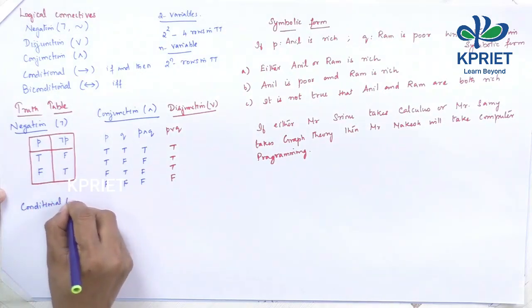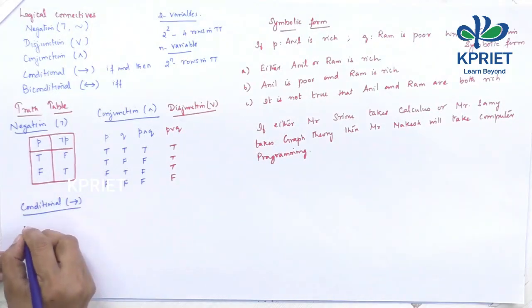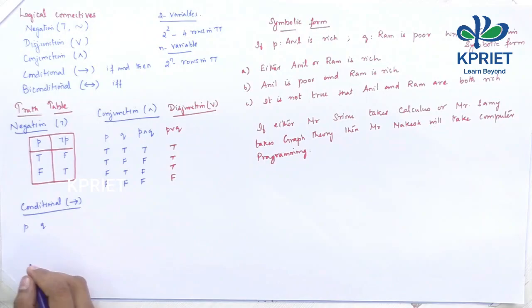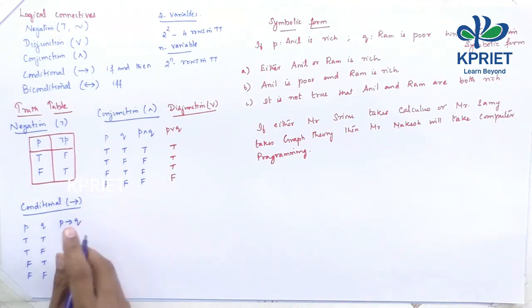Conditional, that is if and then, forward. Here also, if we have 2 variables, then the possible number of rows is 4: TT, TF, FT and FF. So what will be the truth value of if P then Q?